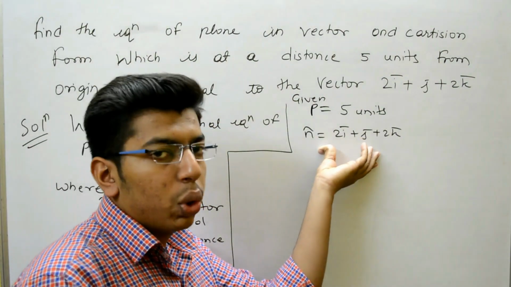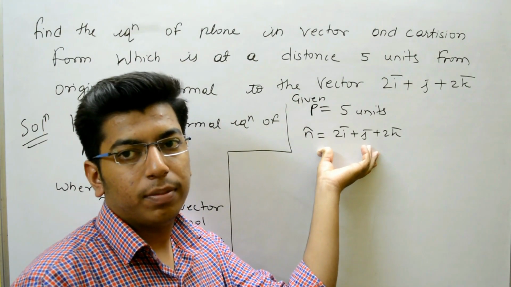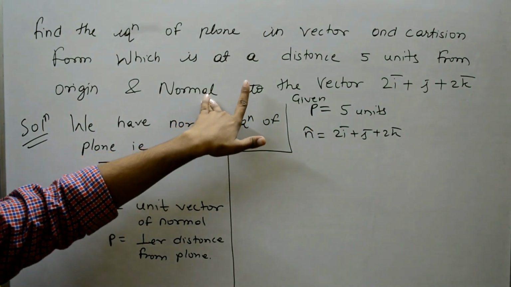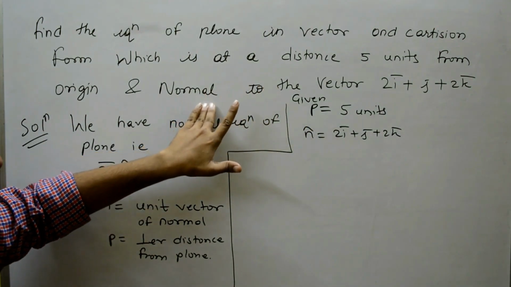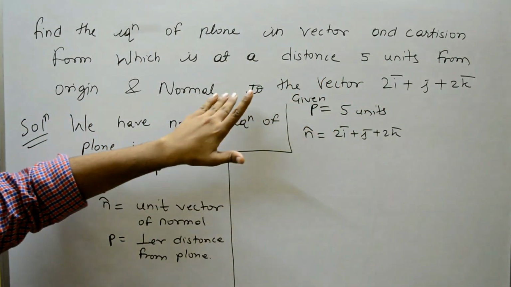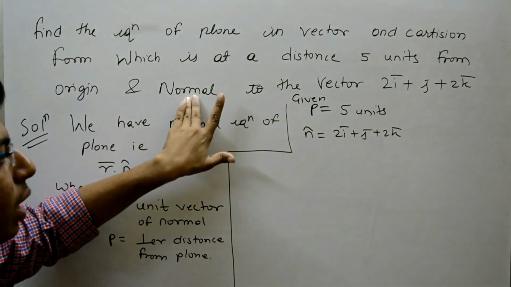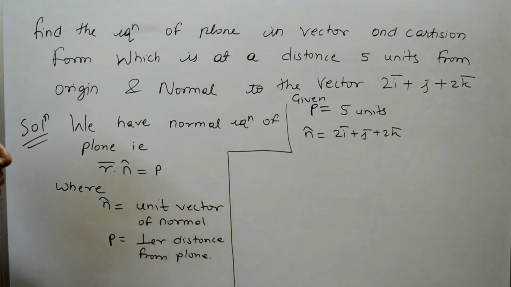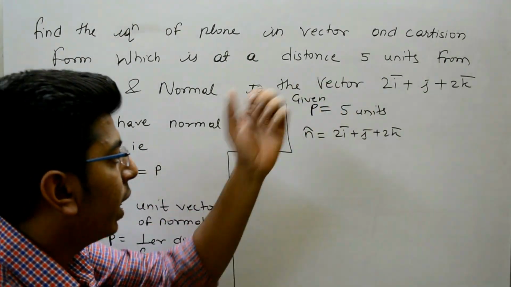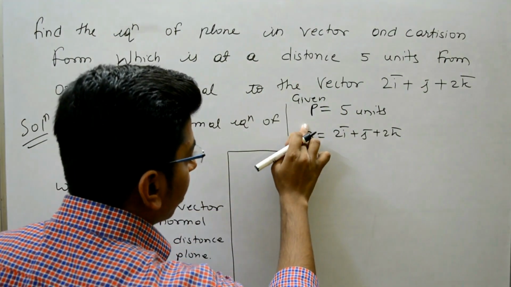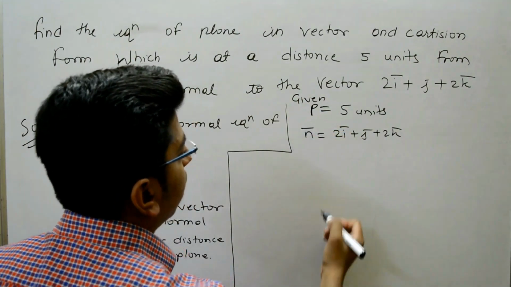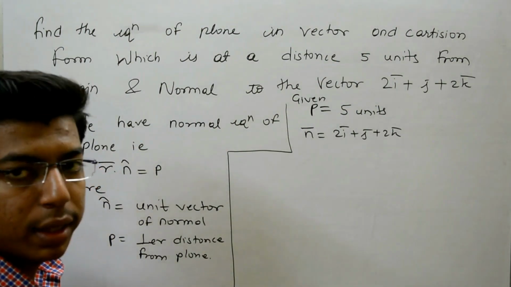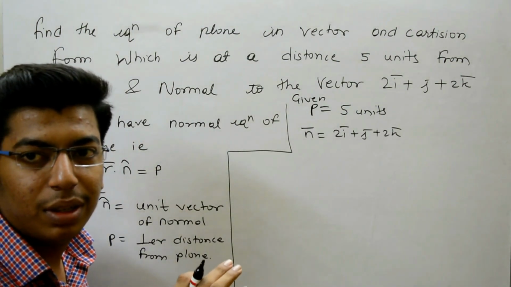But this is totally wrong. Here they have given us the vector normal to the plane, they have not given us the unit vector, they have just given us a vector, so they have given us just n bar. Are you getting something from this?